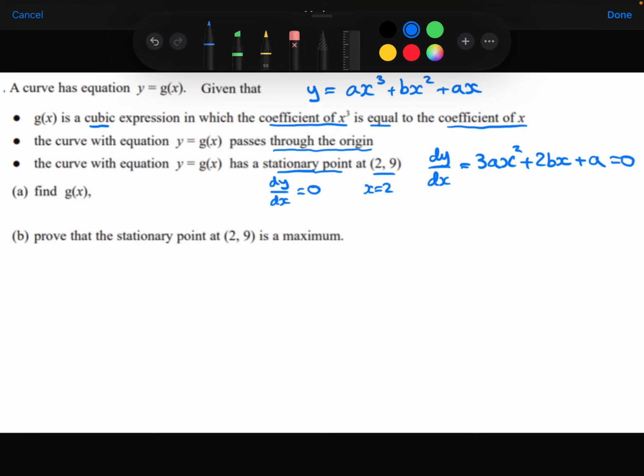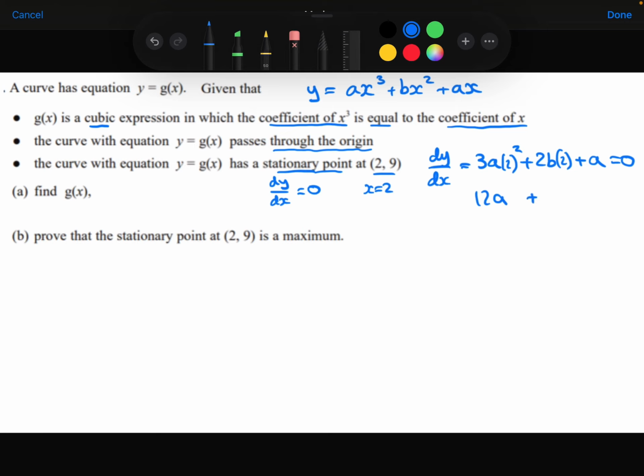when x is 2. So let's substitute 2 in there. The 3a times 2 squared, so 3a times 4 is 12a.